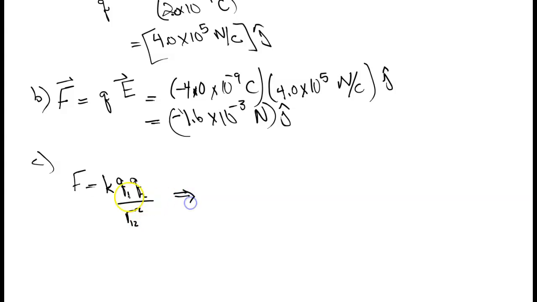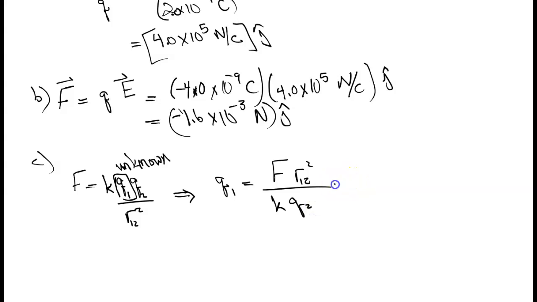So this means that if we assume that charge 1 is the unknown, then we can say that Q1 is F times R12 squared over K Q2, and we have all of these values. Since we're taking magnitude, we don't care about the negative value of the force, so we can say this is 1.6 times 10 to the minus 3rd newtons.